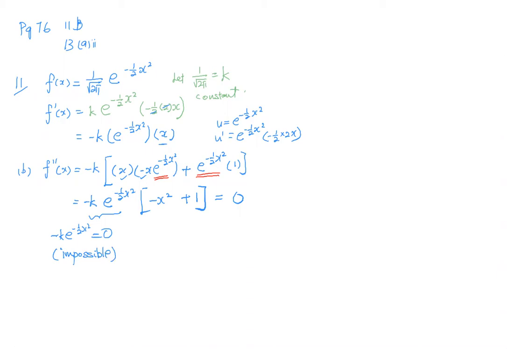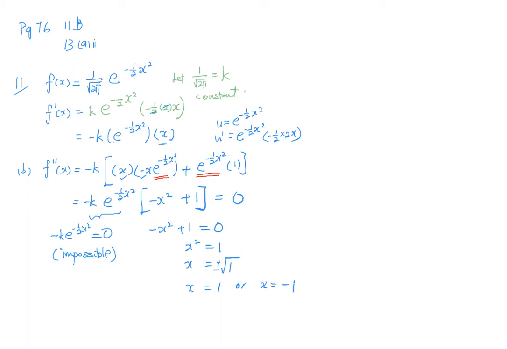So negative x squared plus 1 equal to 0. So x squared equal to 1. So x equal to, when we take square root, correct, we have to have both plus or minus. So x equal to 1 or x equal to negative 1.